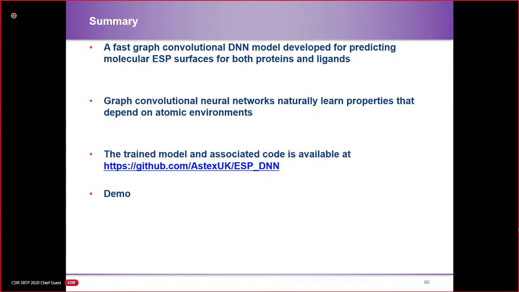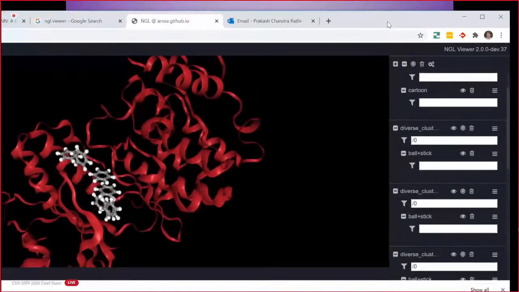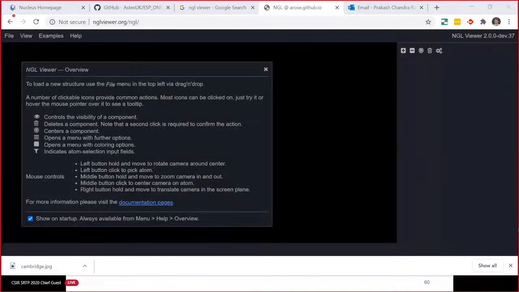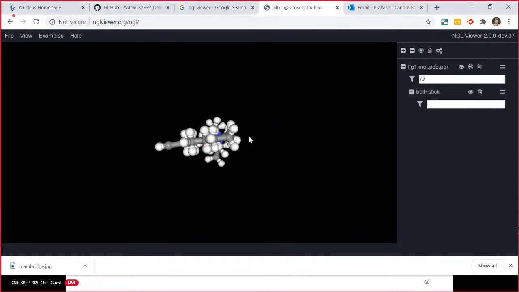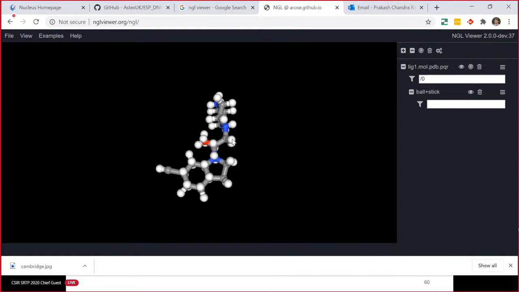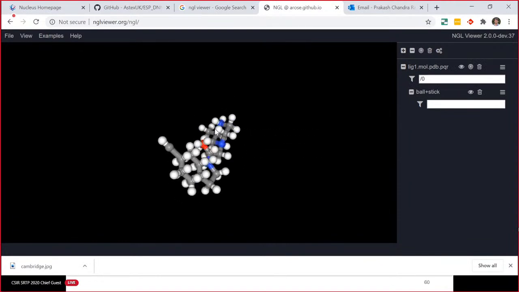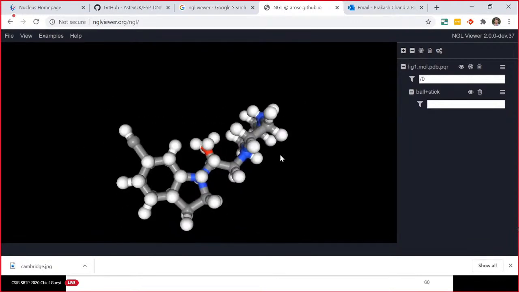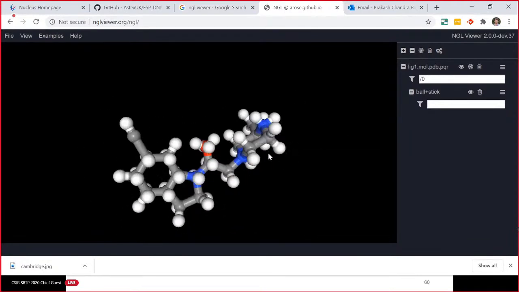And let me show you again an example. How would you view those surfaces? You load the molecule with the PQR. So you see atoms here, but you also see non-atomic features like p orbitals and sigma holes and lone pairs and hydrogens.